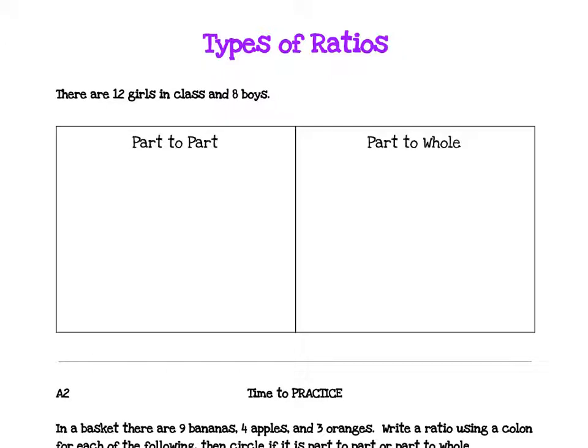Okay, turn your paper over to the back side. We want to take note of the types of ratios. We have 2 main types of ratios: part-to-part ratios and part-to-whole ratios. Okay, if we know there are 12 girls in a class and 8 boys, a part-to-part ratio would be if we compared the girls to the boys.